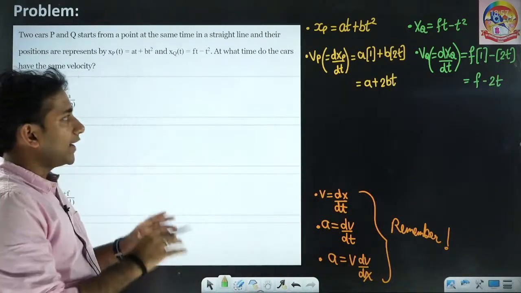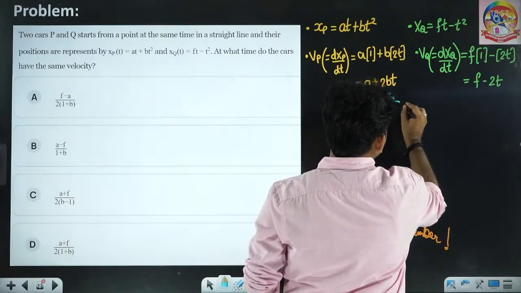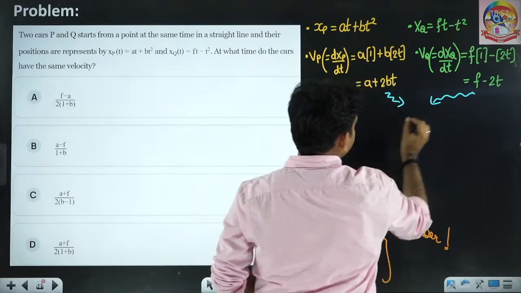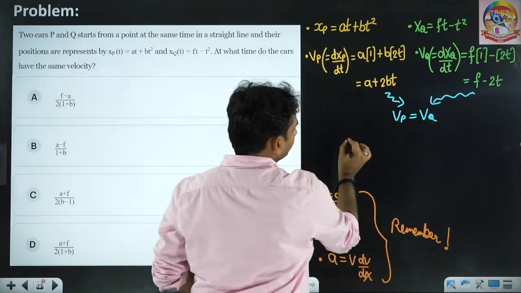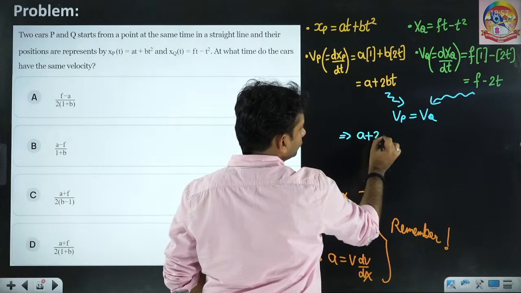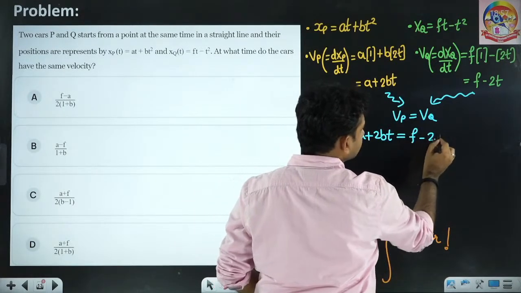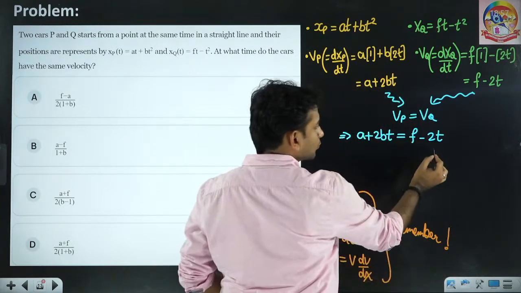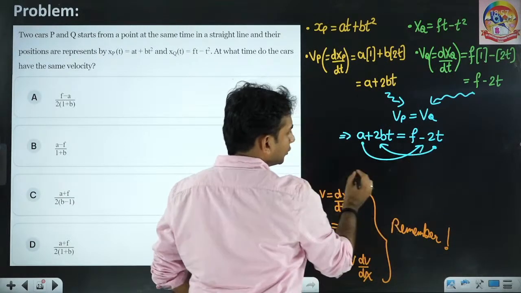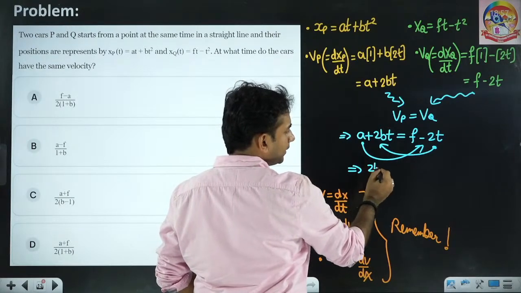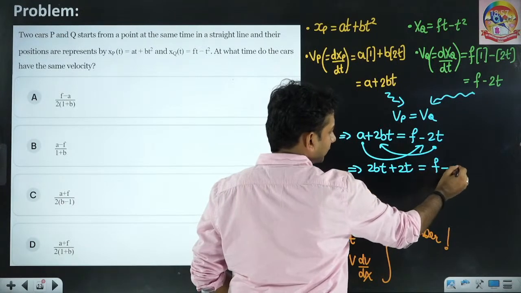They are saying at what time their velocities are equal, which means Vp equals Vq. So you will have a plus 2bt equal to f minus 2t. Let's swap the terms: send the 2t term here and the a term to this side. So you will have 2bt plus 2t equal to f minus a.